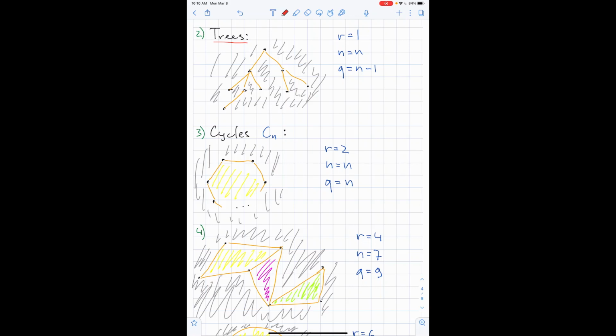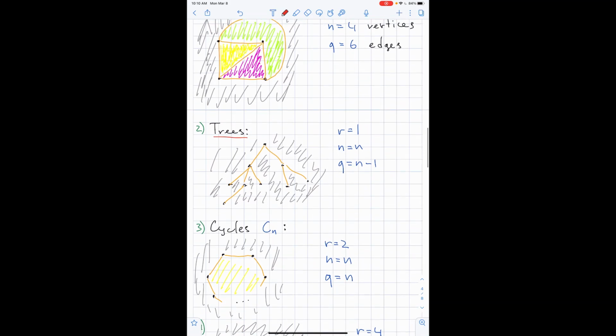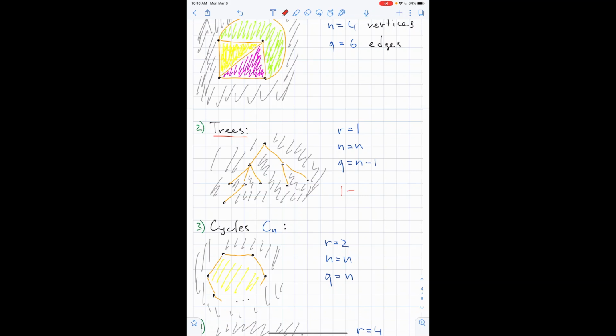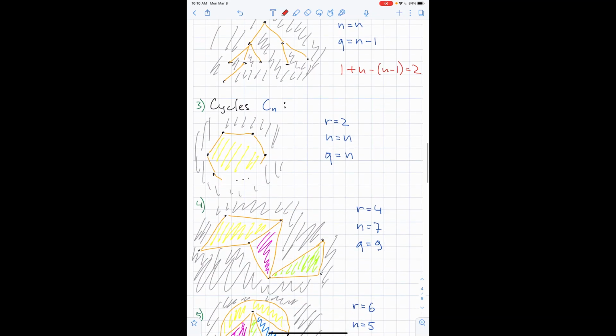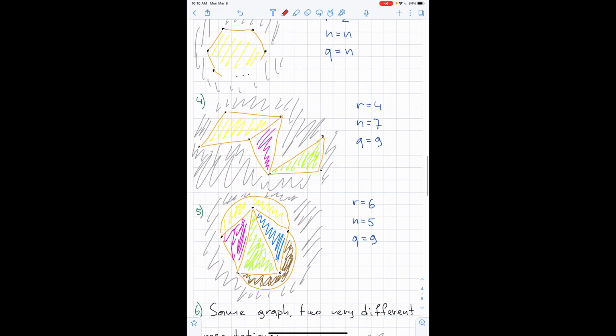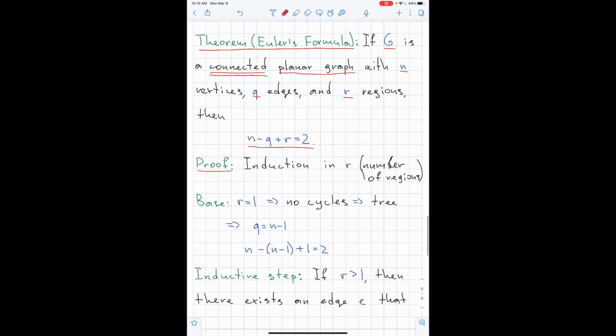So n cancels out, we get 2. Same for trees, 1 plus n minus 1 is 2. And for K4, I also have 4 plus 4 minus 6, again 2. So every time I get 2, indeed. And that's our theorem.